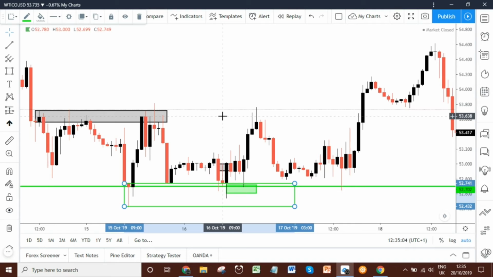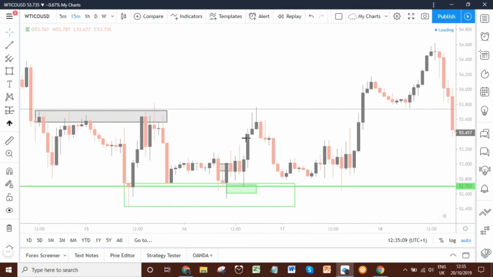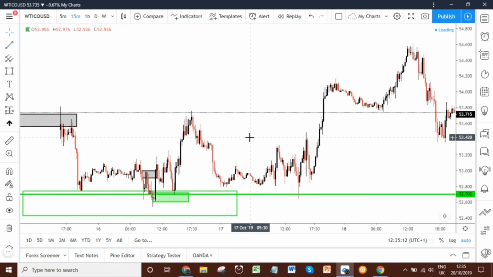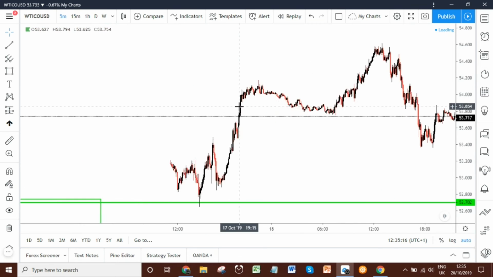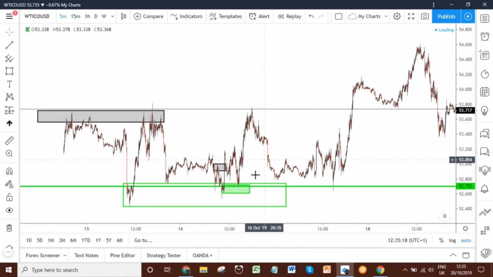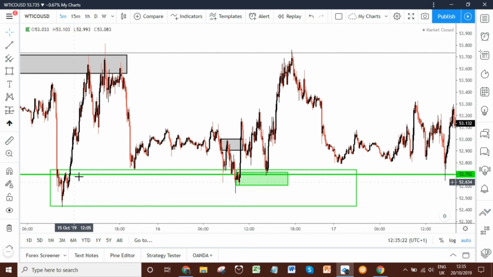Right, so let's go down to, I think it was a 15-minute again. Let's have a look. Nope, it was a 5-minute. All right, perfect. So now this is in the H1 zone, right? We want to know that this H1 zone is valid to take another trade.